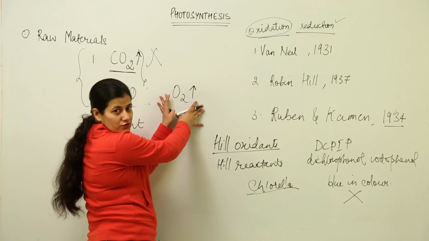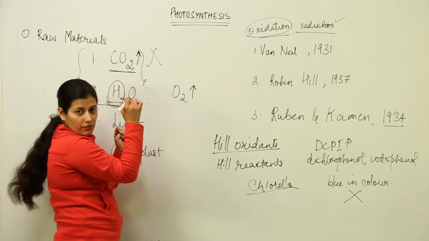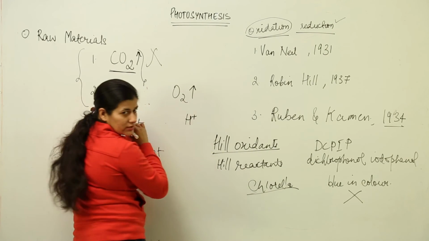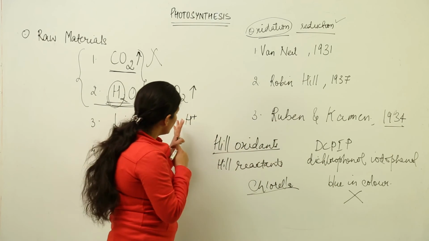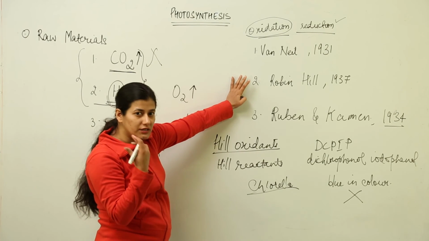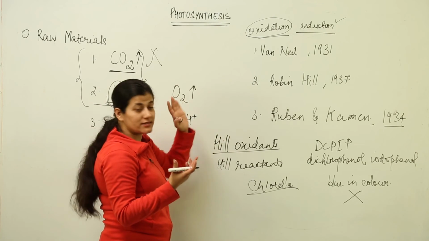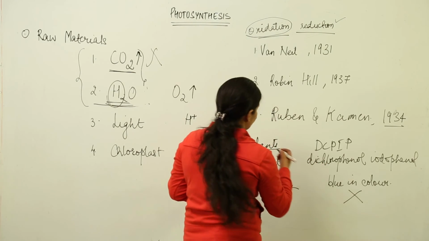When we say that it comes from water, it is quite certain that the remaining part of the molecule would act as protons, and they would go and reduce this, as was seen in the experiment. So this was again proposed by Robin Hill, and in fact confirmed that oxygen is released from water, and water acts as the source of protons for reduction of carbon dioxide.